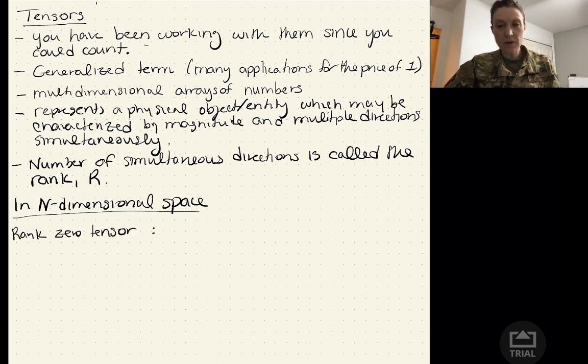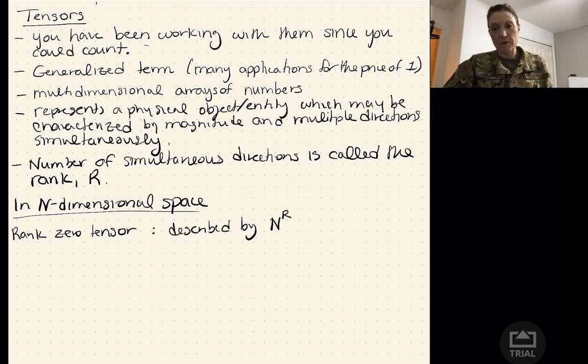And this rank 0 tensor is described by n to the r numbers. So that would be n to the 0. Anything to the 0 is 1. So it's always defined by one number.